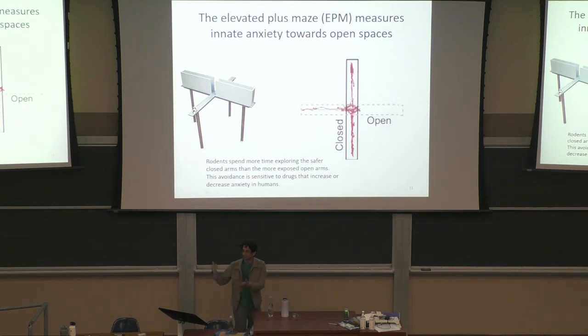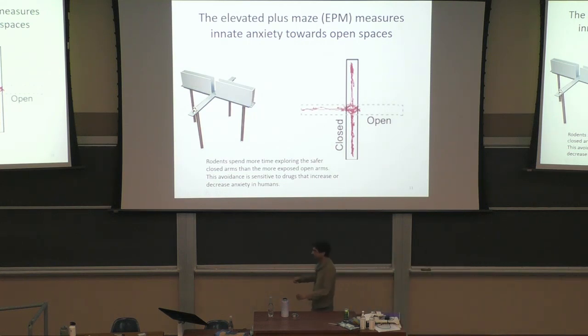Similarly, the same thing happens to the mouse. The normal mouse, without any drugs, if they're in the closed space, they're happy, then they go to the open space, like, this is open, something might eat me from above, I don't like this at all, it's very uncomfortable. And then if you give the mouse the benzodiazepine, the mouse goes more into the open space, like, maybe it's okay. I mean, my friend went to the open arm and he wasn't killed, so maybe it's okay, who knows.